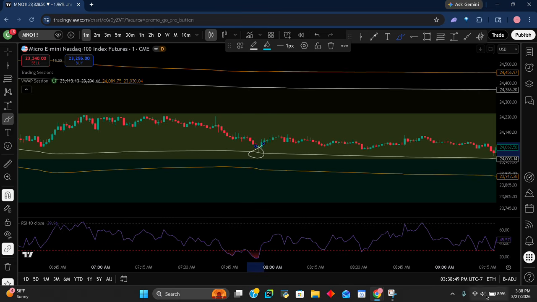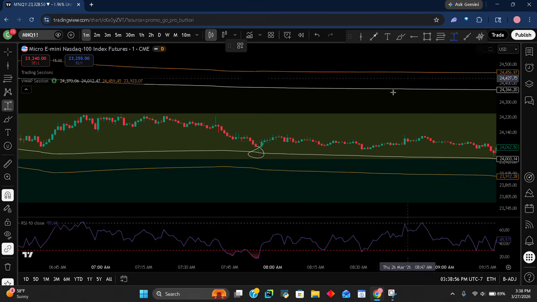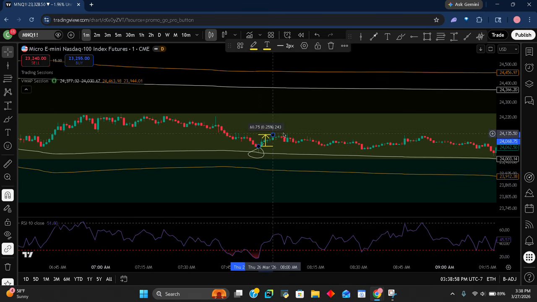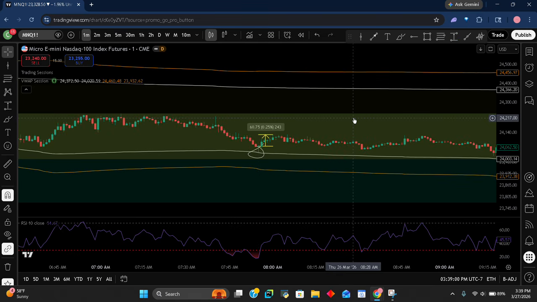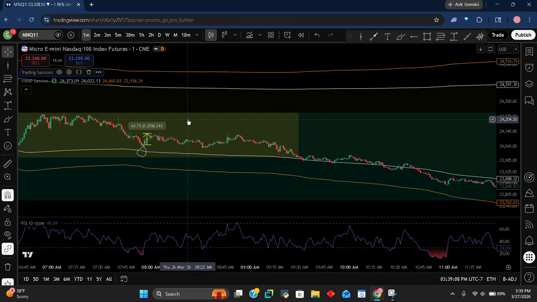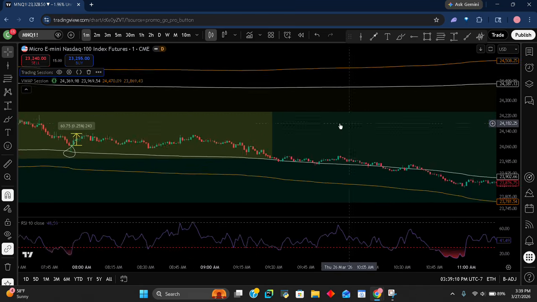It's oversold and it's touching the VWAP, so let's look for longs. You would have had a chance to get 200 ticks off just this trade. I did not take this trade, but it would have been a really good one. I did not like how the market looked this day, and I just decided not to take any trades.